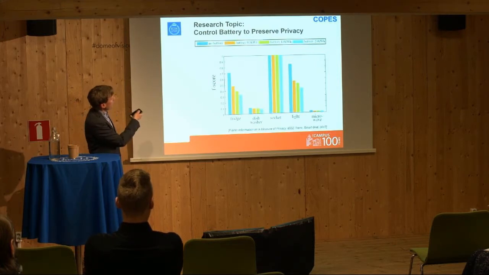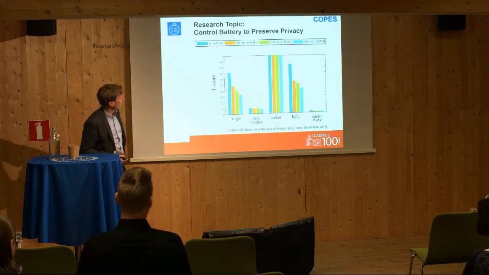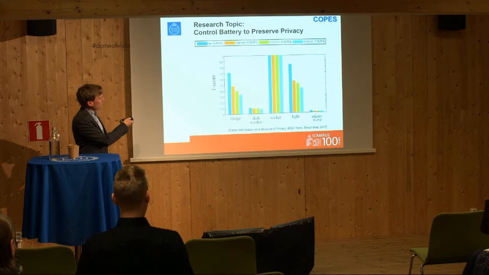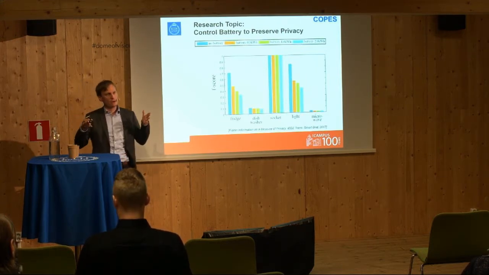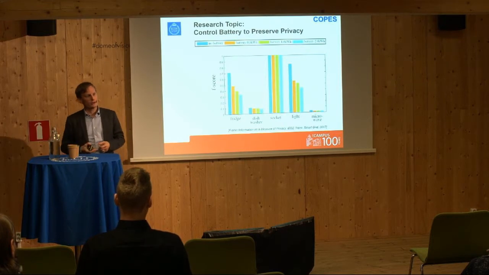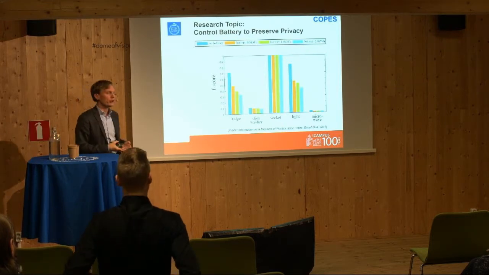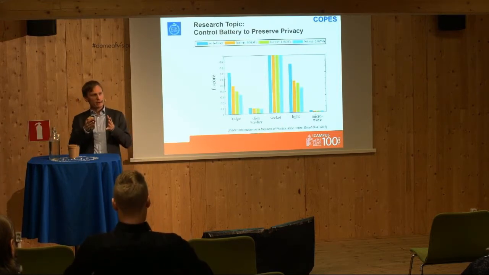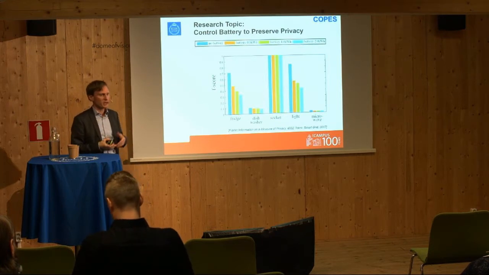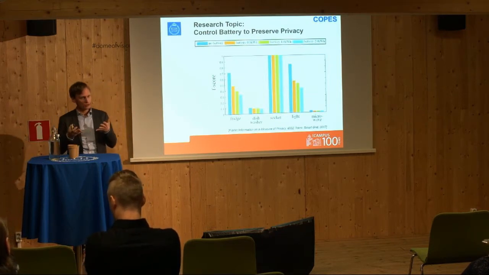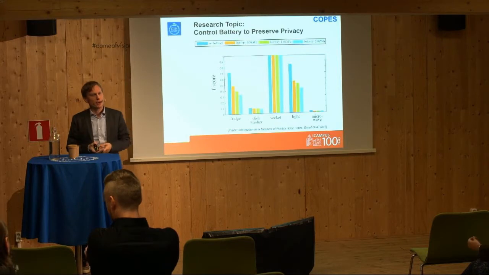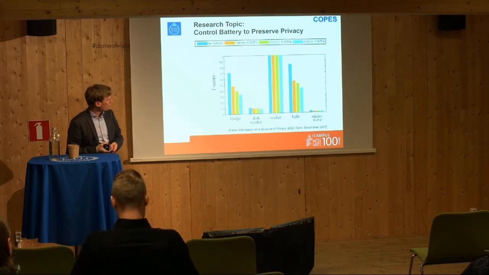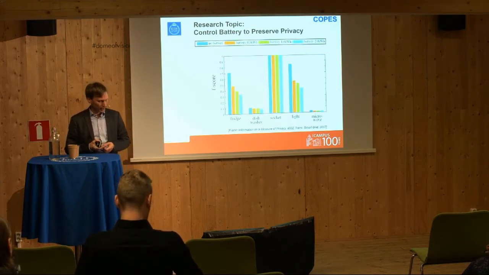Now, if you have a battery whose size is 0.5 kilowatt hours, this is quite a large drop, actually. And then you can see here that the bigger the battery you have, of course, the more privacy you get. Depending on the energy profile of the device, this becomes harder or easier. But again, this is the type of metric we're using to compare different strategies when we do our control design.